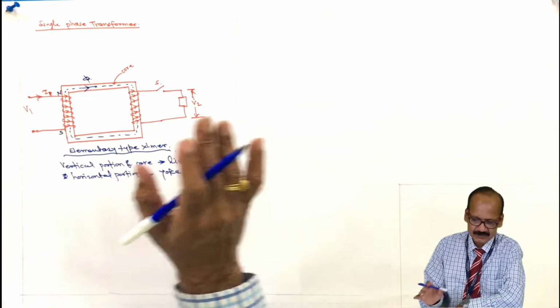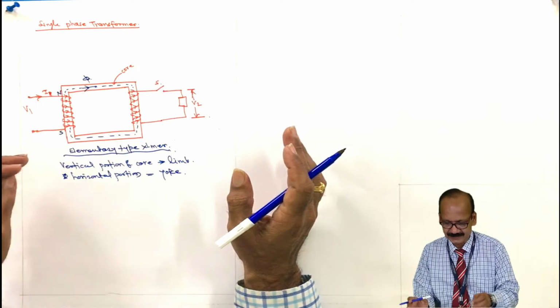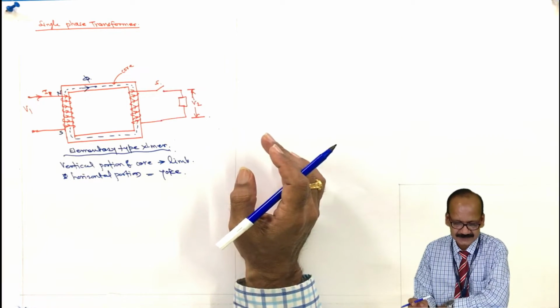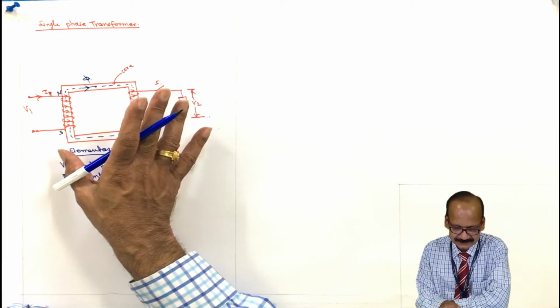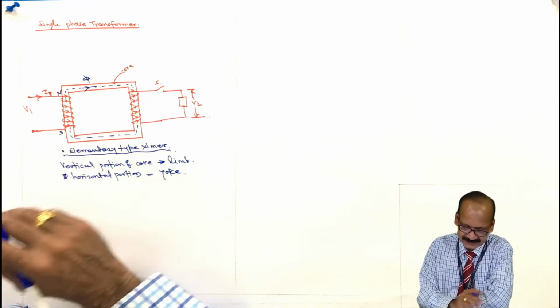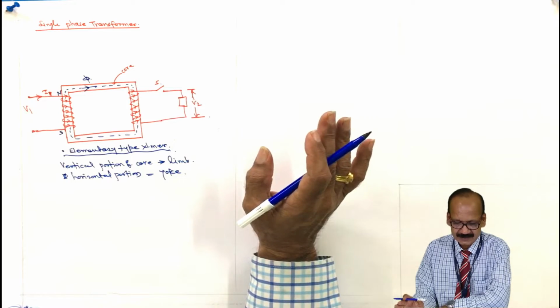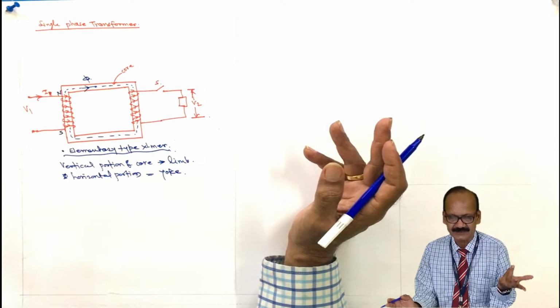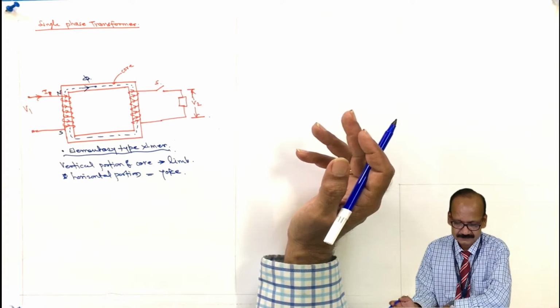So the two coils or two windings are wound on the vertical portions, that is the limbs, and they are separately shown here because it is basic, for understanding purpose. It is an elementary type of transformer. Practically it is somewhat different, we will study it later on.